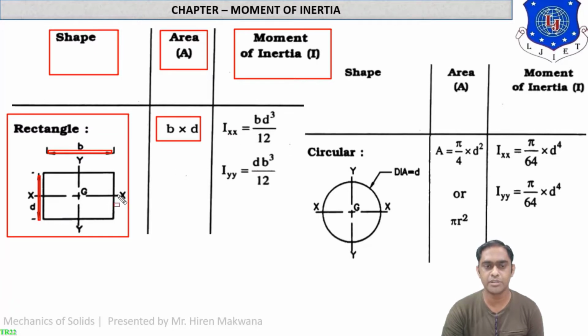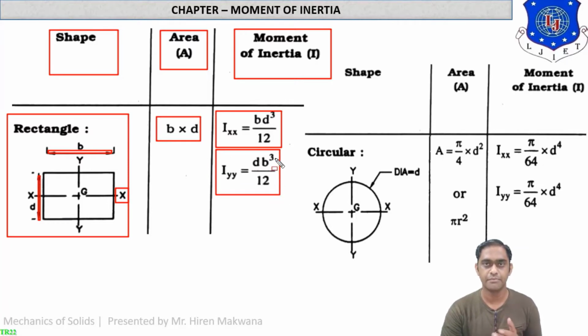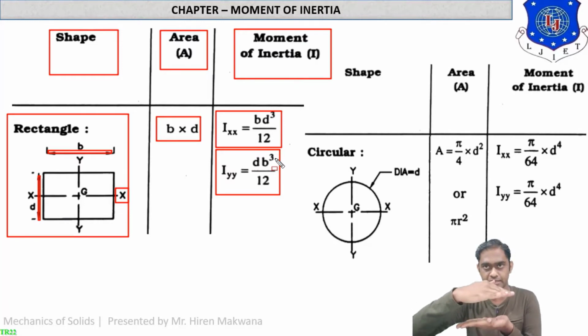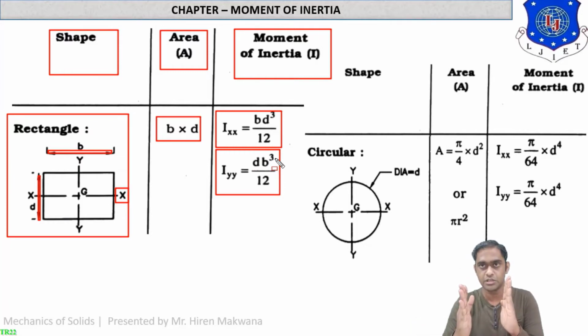Moment of inertia about this x-axis, the horizontal centroidal axis, will be bd cubed by 12, as per the derivation in the previous lectures. And moment of inertia about the vertical centroidal axis will be db cubed by 12. Because while considering the x-axis, the rectangle will be like this. While considering the y-axis, the rectangle will be vertical like this. So b will become horizontal and d will become vertical.